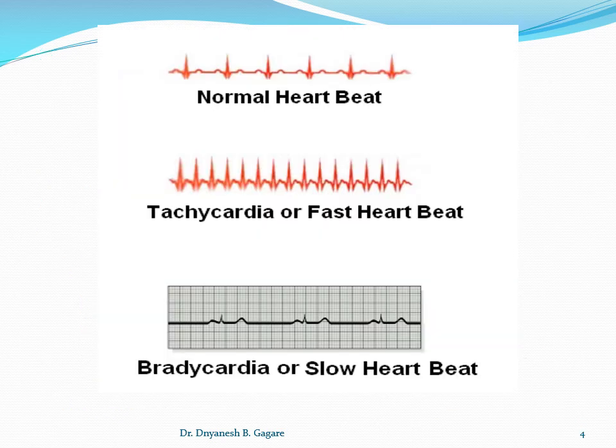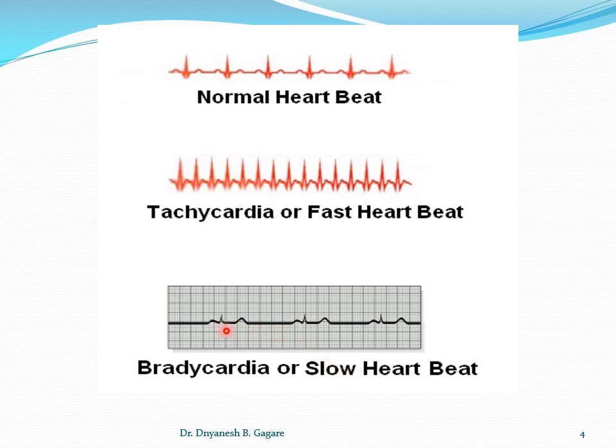Okay, then see how the ECG looks. For example, this is a normal ECG, and this is the ECG in tachycardia. If the heart rate is increased above 100, see the distance or the gap between two R waves, it is decreased, very much decreased. The opposite will happen in the bradycardia.